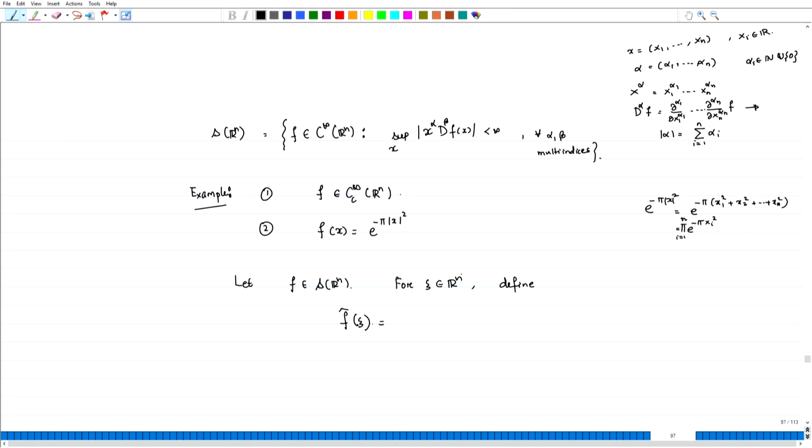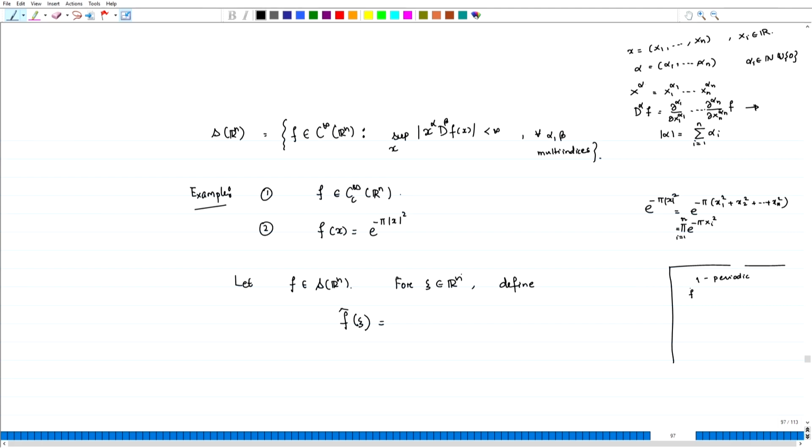Now we need to consider, for example, the Fourier transform for a one periodic function.